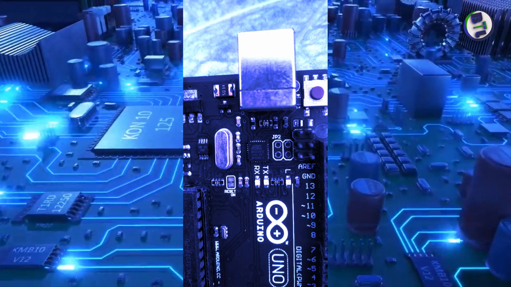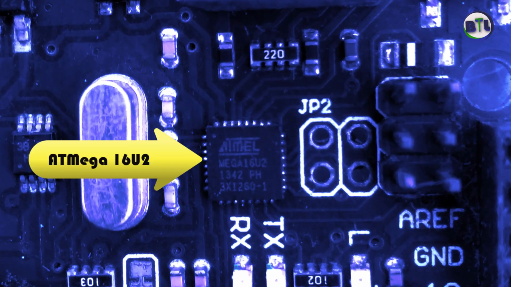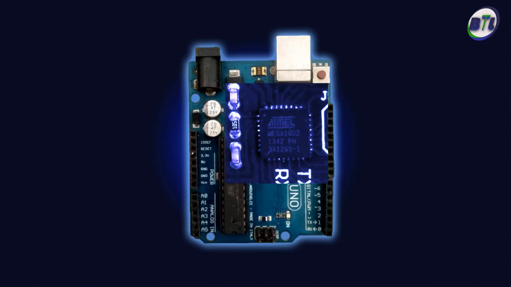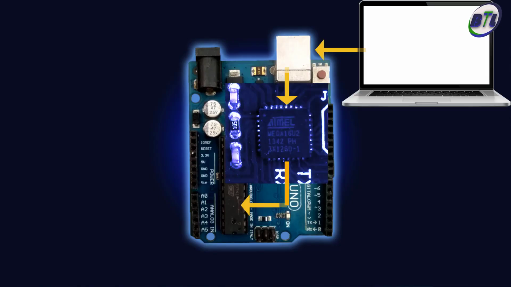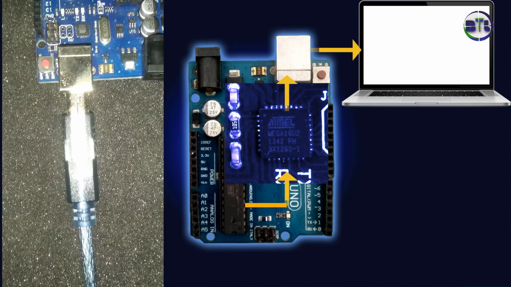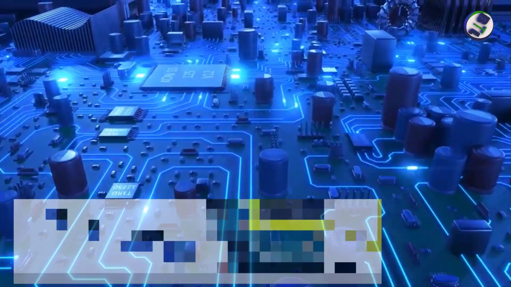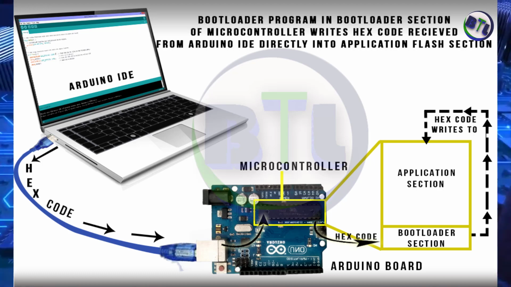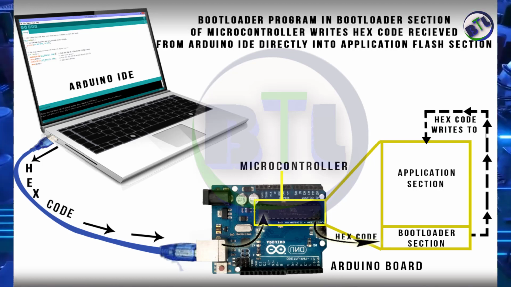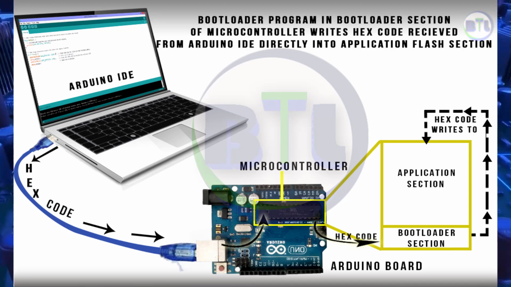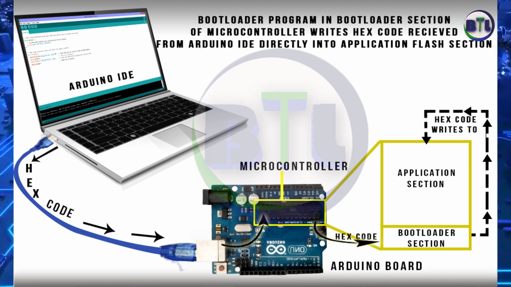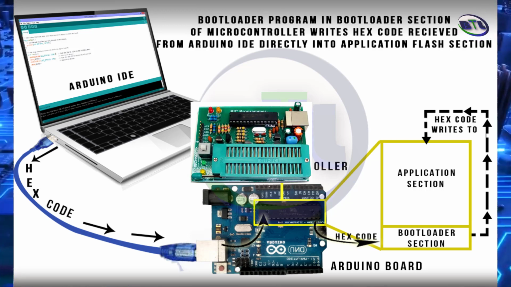This is possible because of another small microcontroller which acts as a bridge between our computer and the main microcontroller. This is the chip which passes on the messages from our PC to Arduino and vice versa via the connected USB. The microcontroller has a built-in bootloader which helps us to simply upload a new program to the Arduino board, which eliminates the hassle of requiring a traditional external hardware programmer.